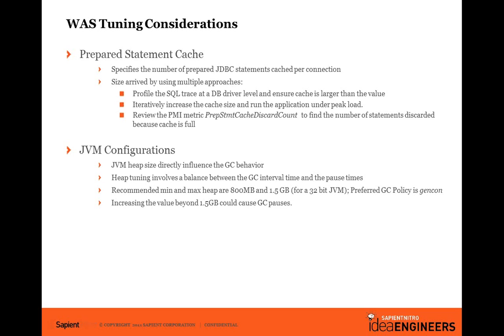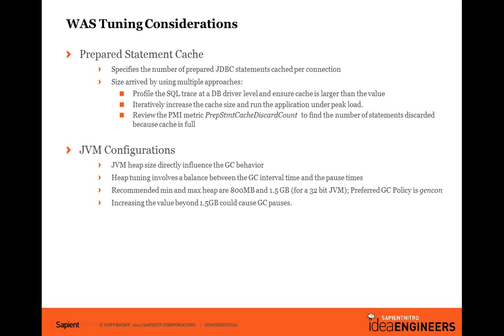The only trick is, let's say you're running a 32-bit JVM. You have 2 to the power 32, or 4 GB, of space for the process. You divide the 4 GB into 1.5 GB for the heap, and the remaining 2.5 GB for your native memory. If you set the heap higher than 1 and go to 2, the only problem we've seen is that garbage collection doesn't kick off for a long time, and when it does, it tries to collect a lot of objects, so you will see GC pauses.